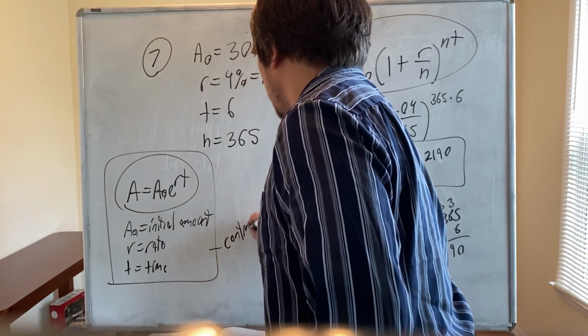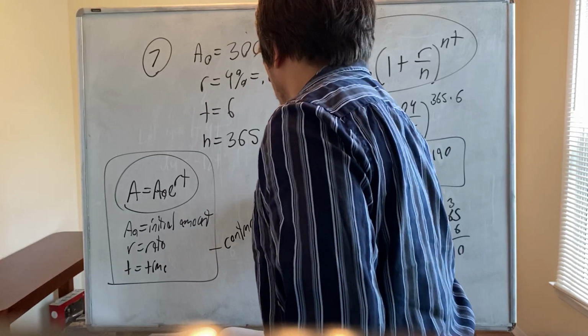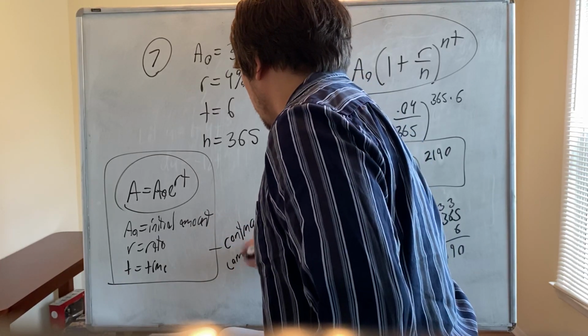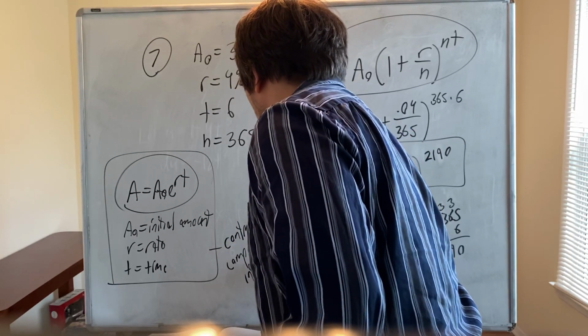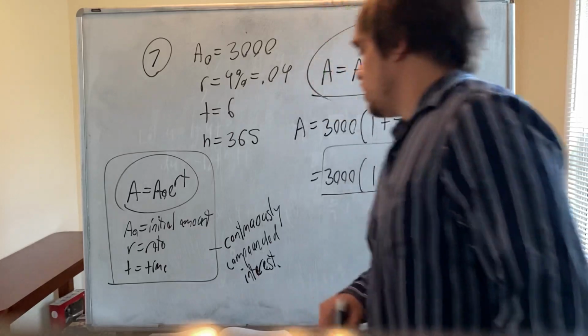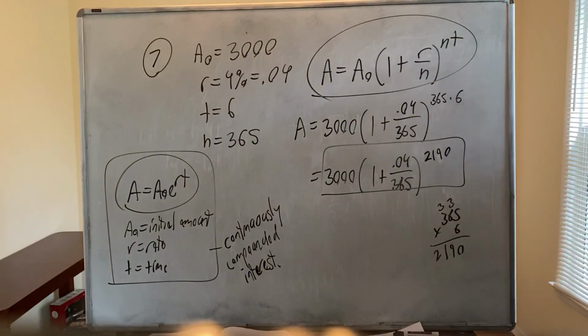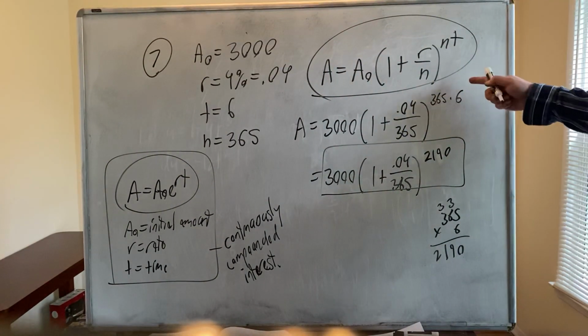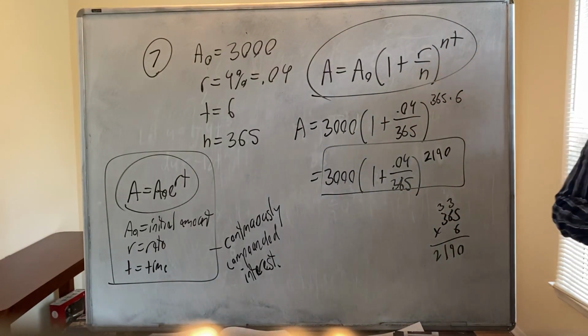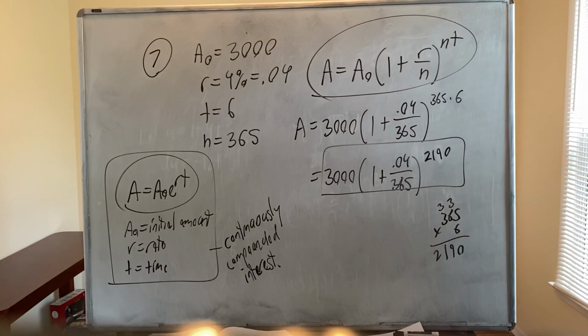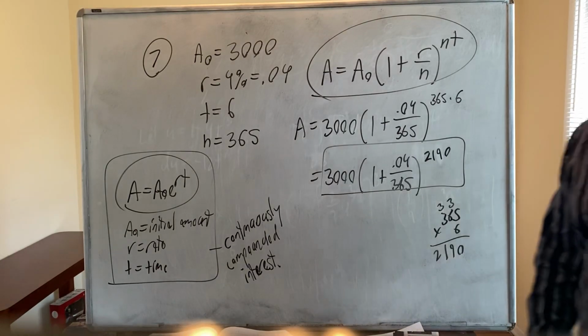That's for continuously compounded interest. The other formula is for if it's compounded n times per year, not continuously. All right, that's number 7.